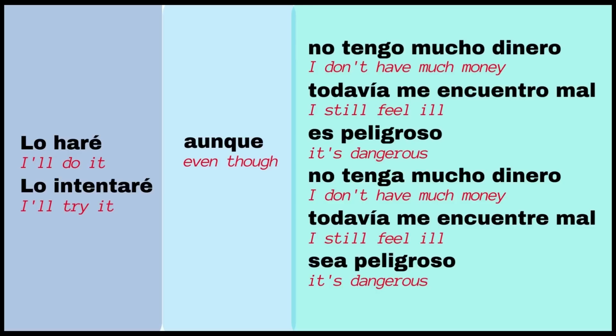But when aunque means even if, then it has to be followed by the subjunctive. So, no tenga, me encuentre, and sea. So, I'll do it even if it's dangerous. Lo haré aunque sea peligroso. So when it's even if, it needs to be followed by the subjunctive.